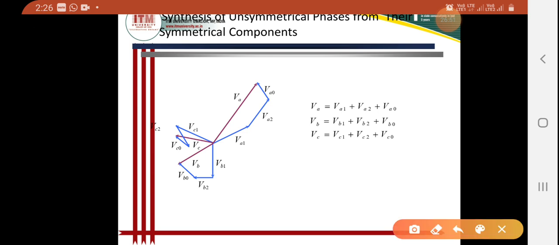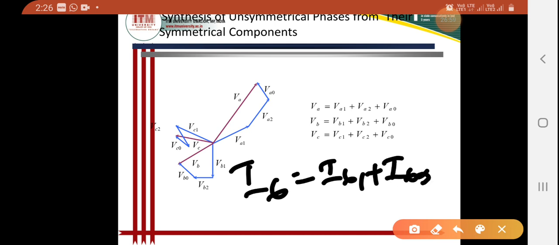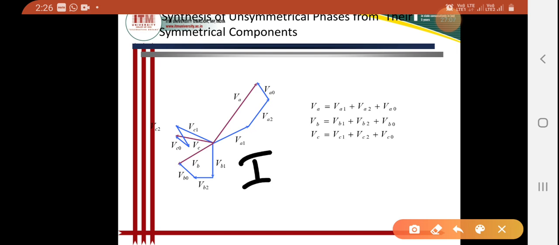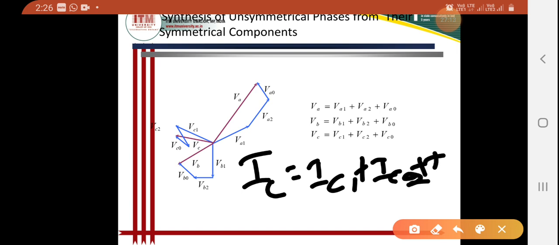Similarly, for current IB I can write IB1 plus IB2 plus IB0, and similarly for current IC I can write IC1 plus IC2 plus IC0. In this way we can write.